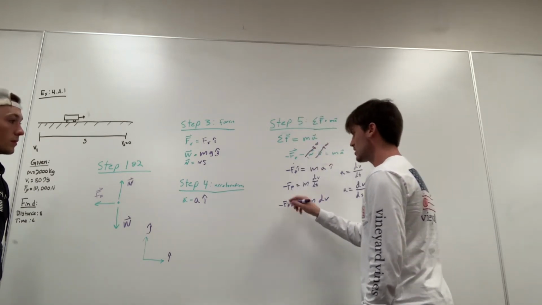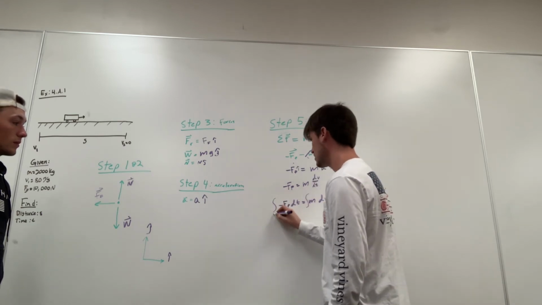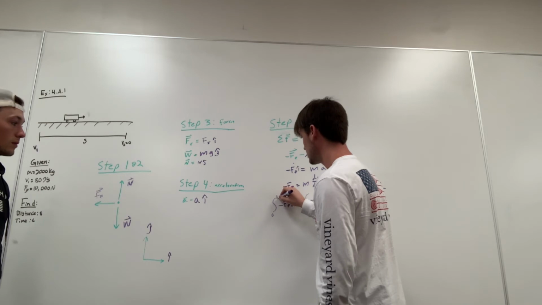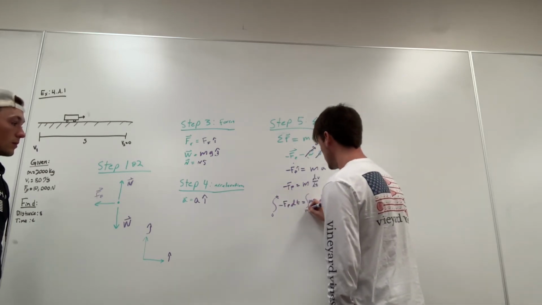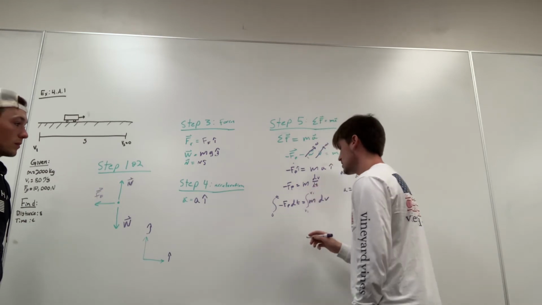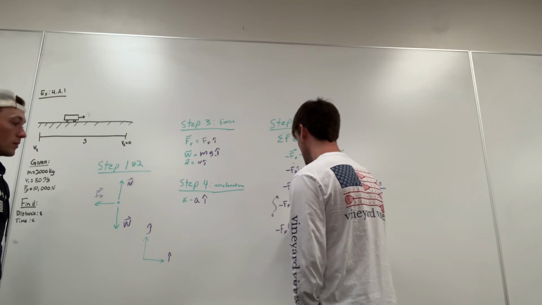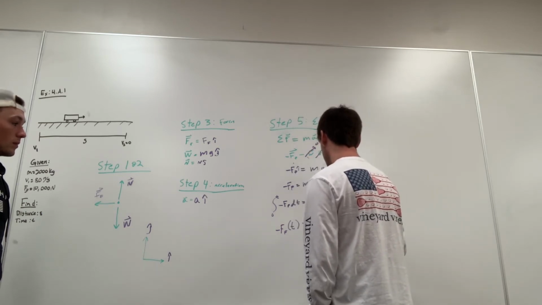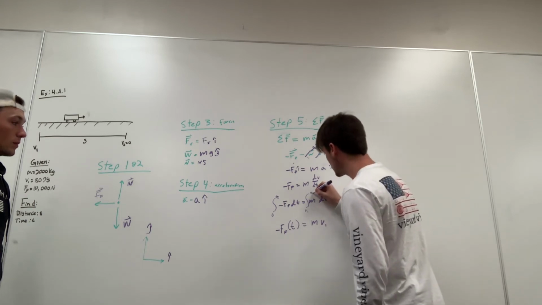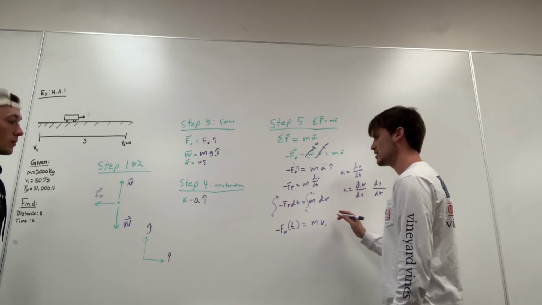And so we're going to take the integral of both sides. This one from time 0 to time t, and this one from v1 to v2. Then we're left with negative friction force times t is equal to mass times velocity 2 minus velocity 1. Velocity 2 is going to be 0, so it'll cancel out.